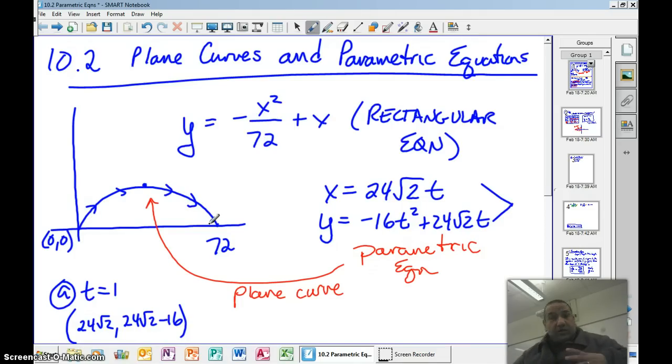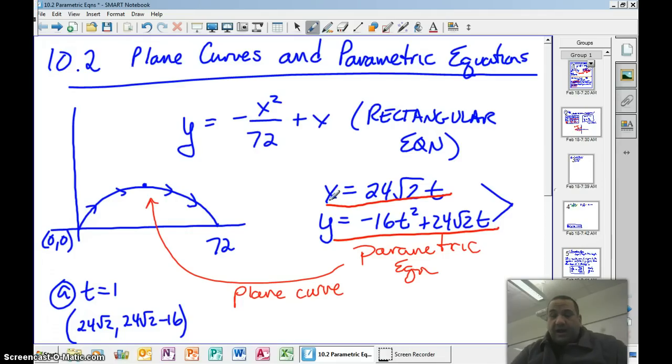Well, through some magic, which we don't really have to worry about in this course, we get an x and a y. Two equations that represent that one equation in rectangular. The reason it's called parametric equations is because usually you want to know where something is with respect to time.